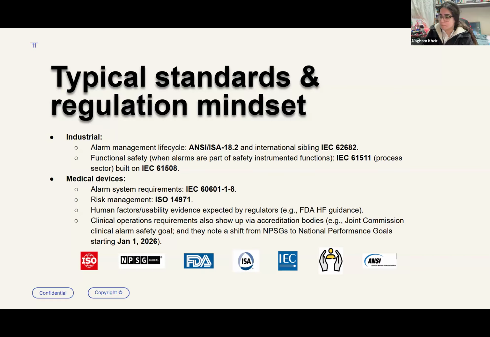I need to add a couple of things and just explain to everyone why we are going over these standards. But before that, I need to mention that again, it doesn't mean that we are compliant with these standards. I really want to highlight this.